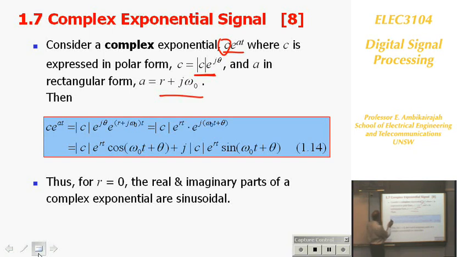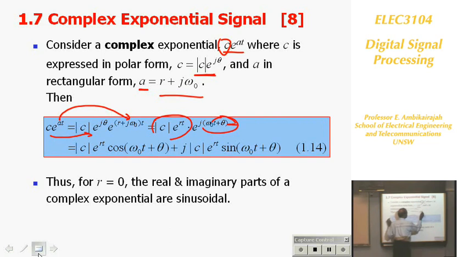C is complex, a is complex. So you substitute them, manipulate that, take the real parts together, take the complex parts together, and then you expand this.